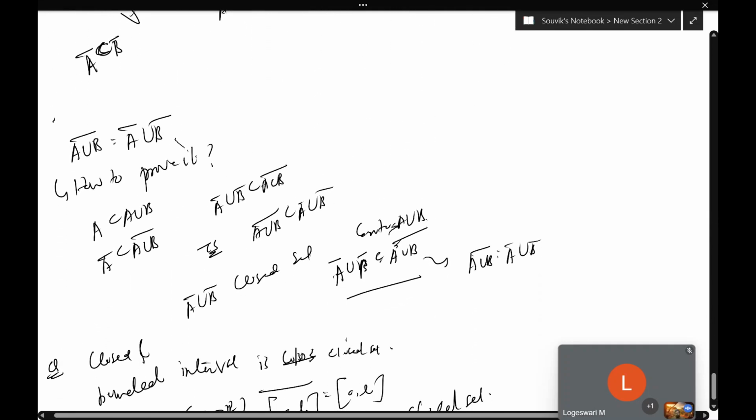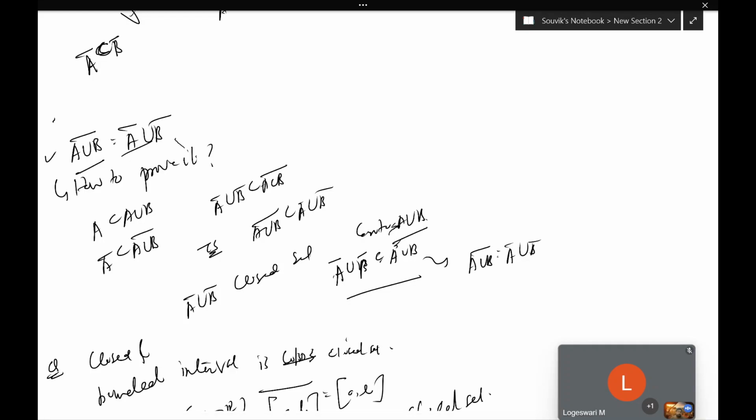Using this, we can prove that the closure of A union B equals A closure union B closure. Logically, can you tell me how we can prove this using the previous result?